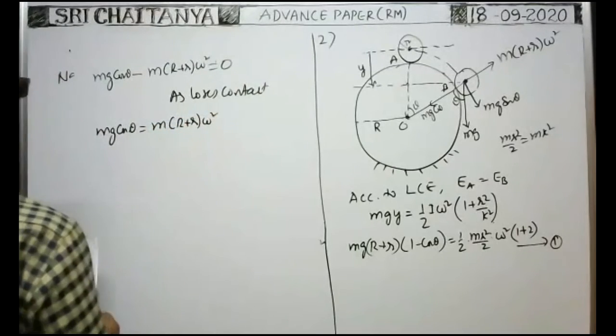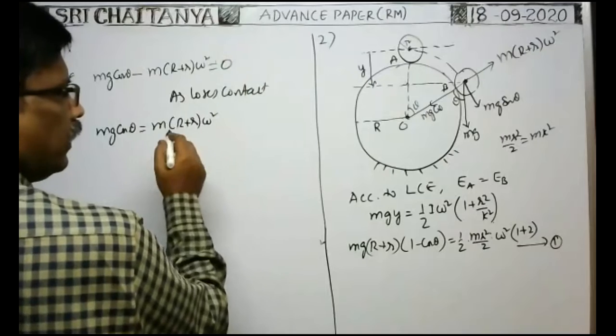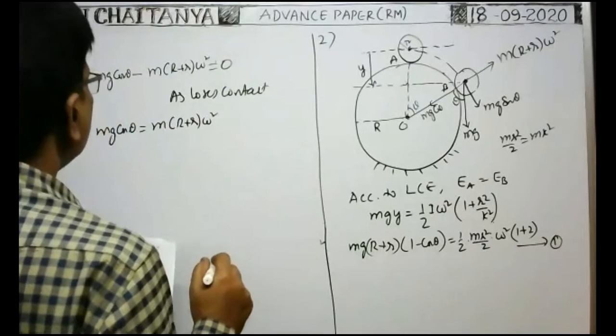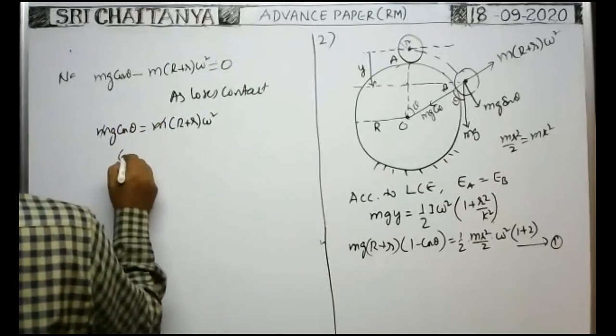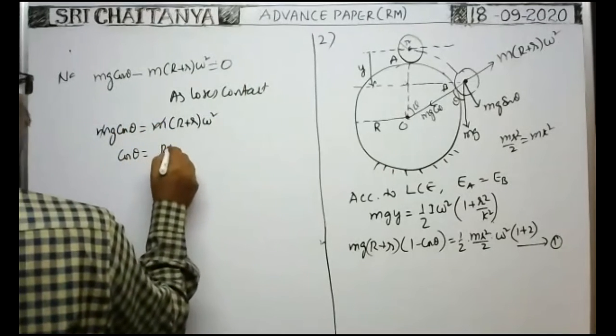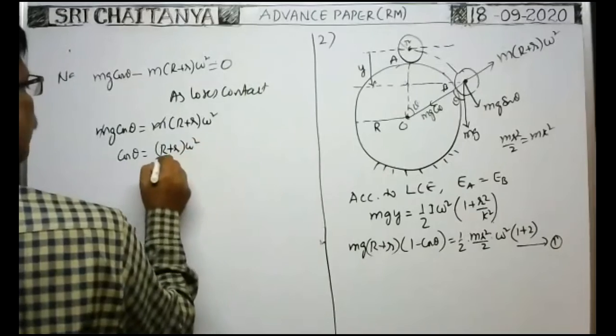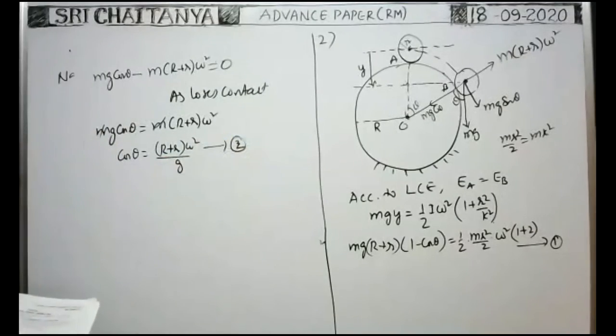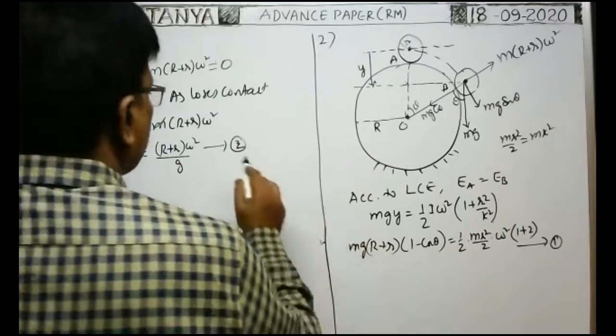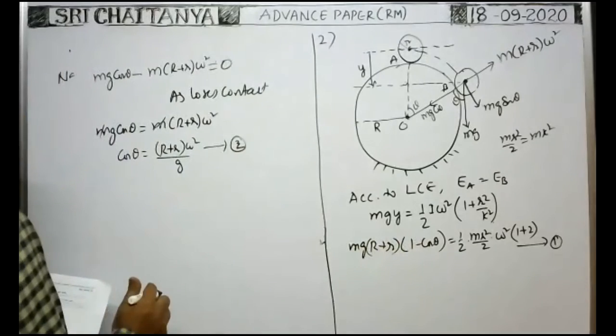Cancelling m, cos theta is equal to (R plus r) omega square by g. This is equation 2. Now we substitute this cos theta value in that equation, from 1 and 2.